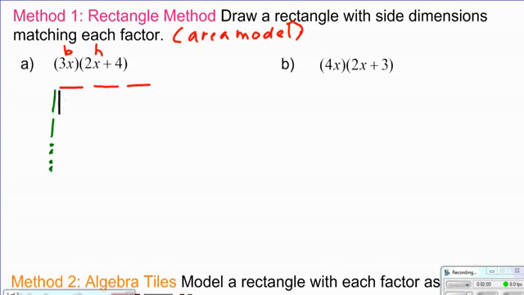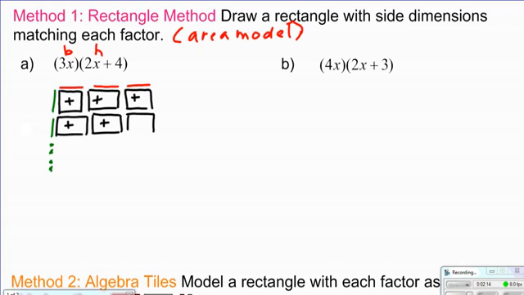So we have x times x, which makes x squared, x squared, x squared, and these are all positive. Again, we're making x squared, x squared. Okay, down here we have 1 times x, so that makes an x tile, x tile, x tile, 1 times x, x tile, x tile, x tile.